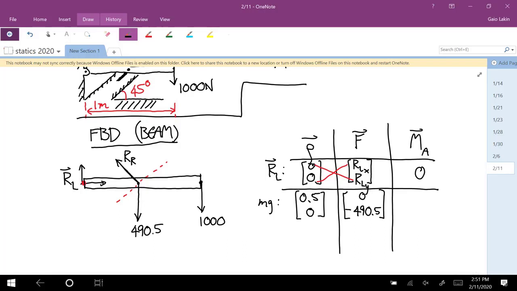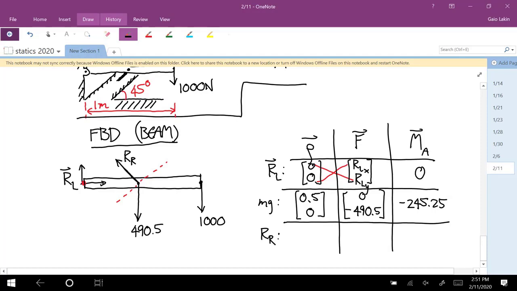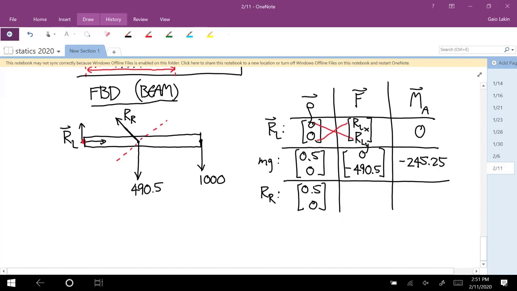And the cross product is negative 245.25. And then we have RR. That's happening at the same spot as the weight, so that r vector is also 0.5, 0.